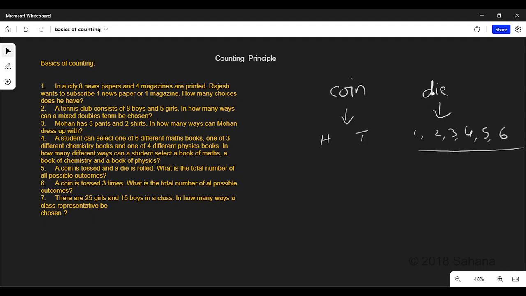So 6 options for the die, and for tossing a coin, 2 options, head and tail. Now it is and, because a coin is tossed and a die is rolled, so we are multiplying the possibilities. 2 into 6 is 12. There are 12 possible outcomes. It is and, that's why.